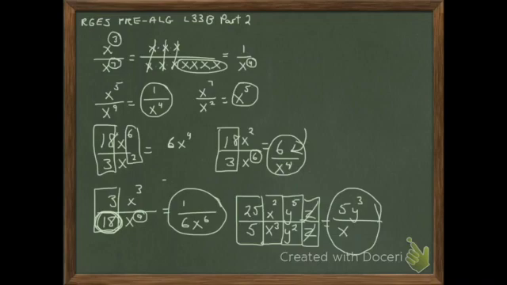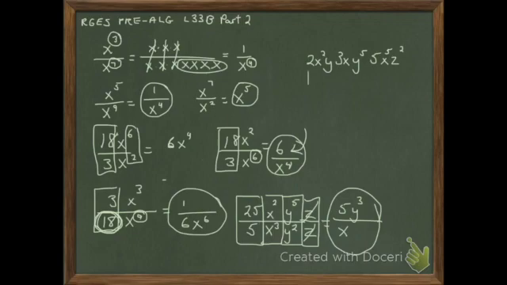All your sign issues still apply. Let's just look at what if I had several of the same thing. What if I had 2x squared y times 3x y to the fifth times 5x to the fifth z squared. Simplify that. What would I do?